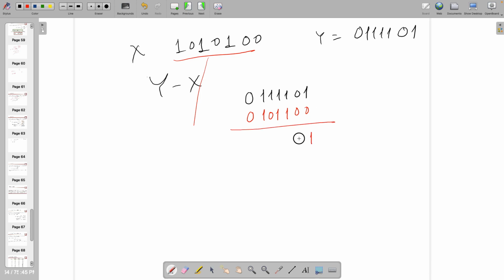So 1 0 0 1 1 0 1 1 1 1 1. If this is the case where there is no carry, then you have to place a minus sign and take the 2's complement of this one again. So this will be the answer, right? With minus sign.